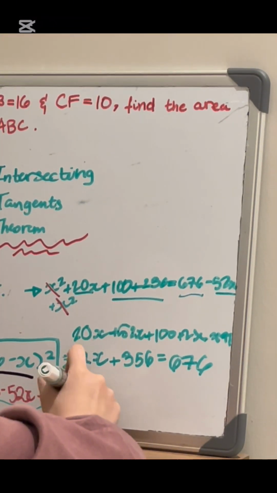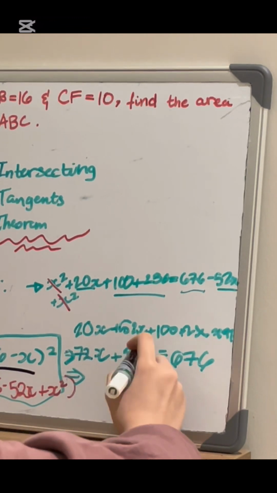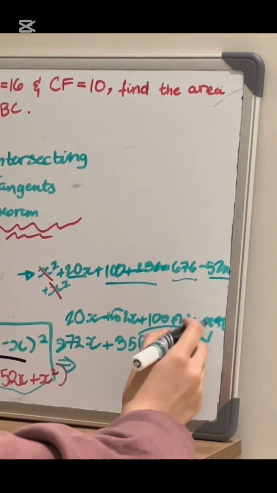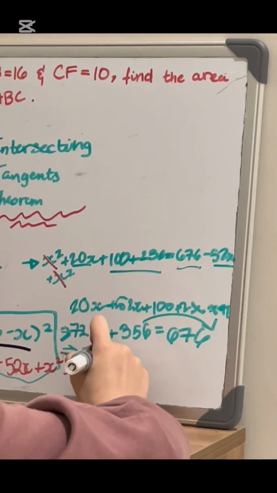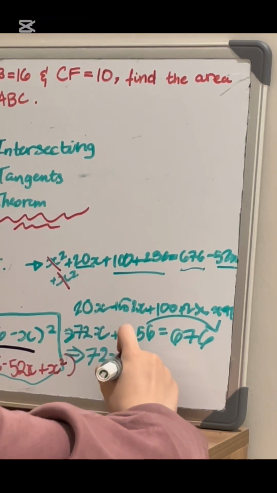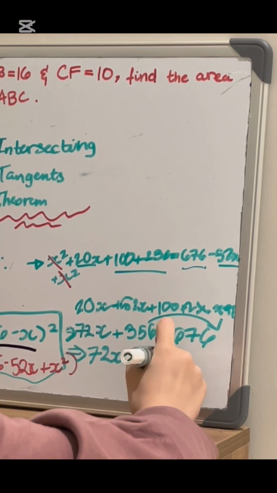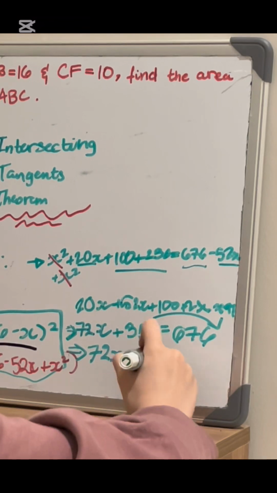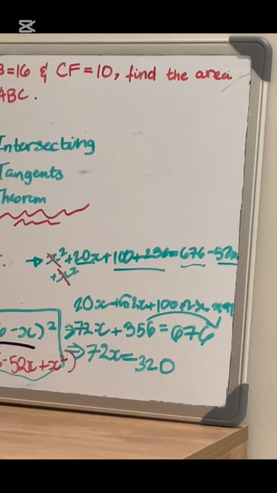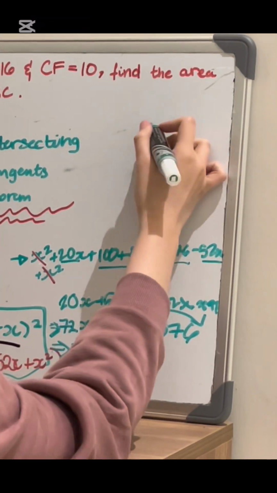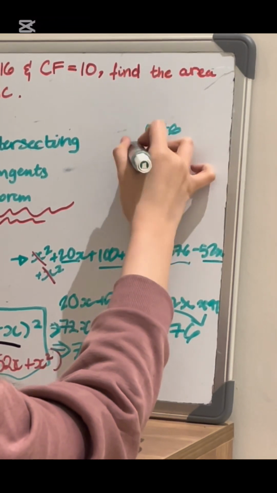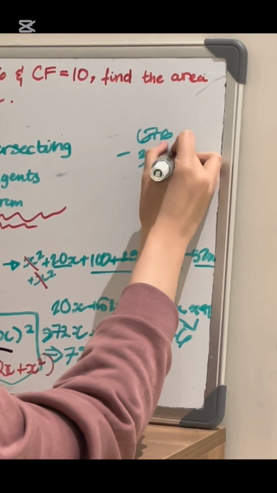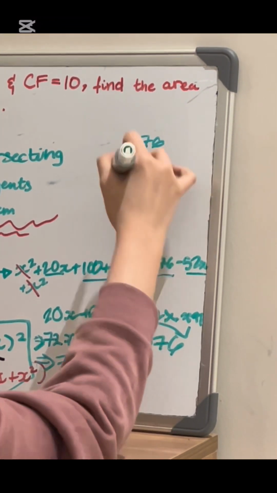We want to isolate x, so we transfer 356 to the other side. That's 72x is equal to 320. Let's check. Yes, 320.